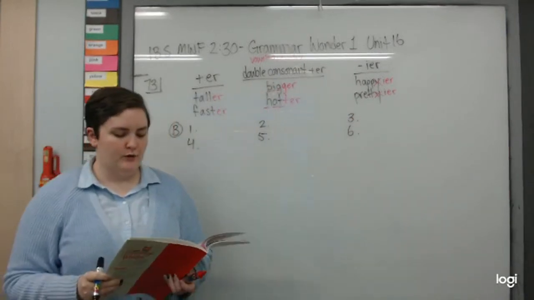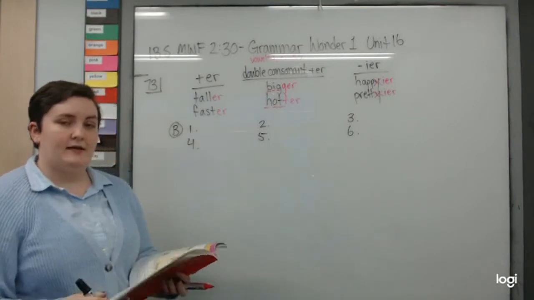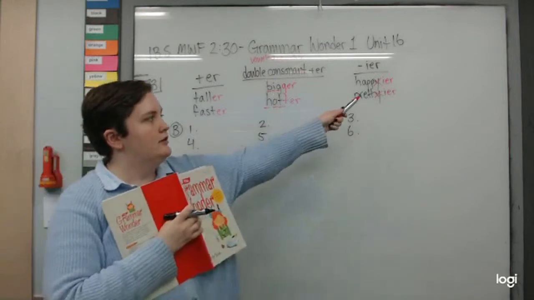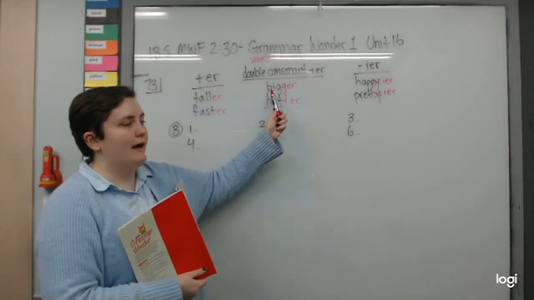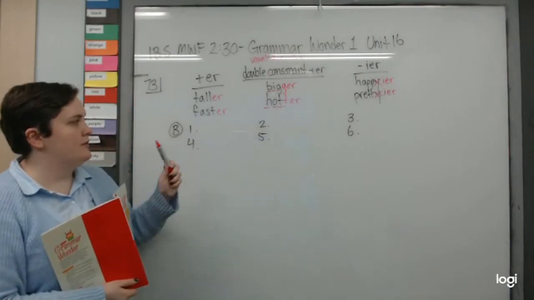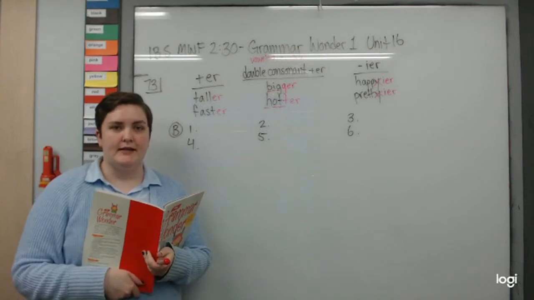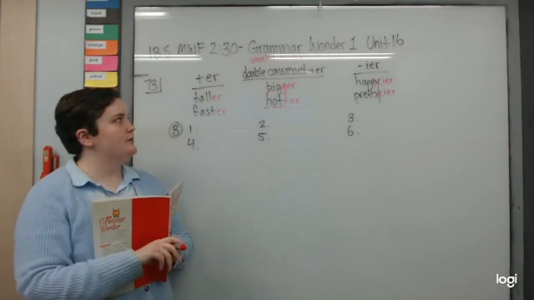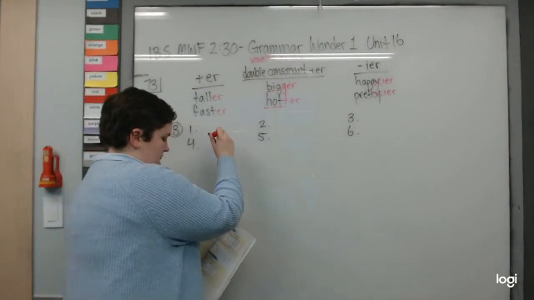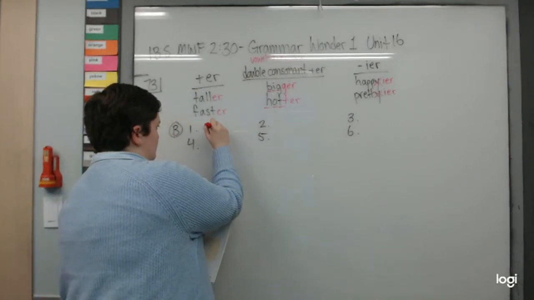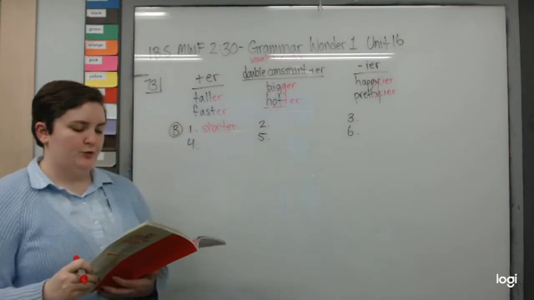Number 1, short. So let's look at the end. Does it end in Y? No. Does it do consonant, vowel, consonant? No, short is consonant, consonant, T and R. So what do we do? We add ER. Number 2, happy.